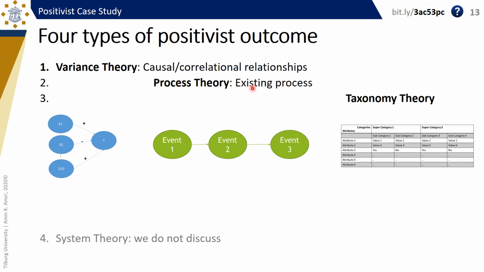It's about existing processes in the world. They would say that first event 1 happens in a context, then event 2, then event 3. We also have taxonomy theories that would give you typologies of things, categorization of things. We also have system theory. I'm not going to discuss system theory here because it would be very difficult for you to create that in your thesis.